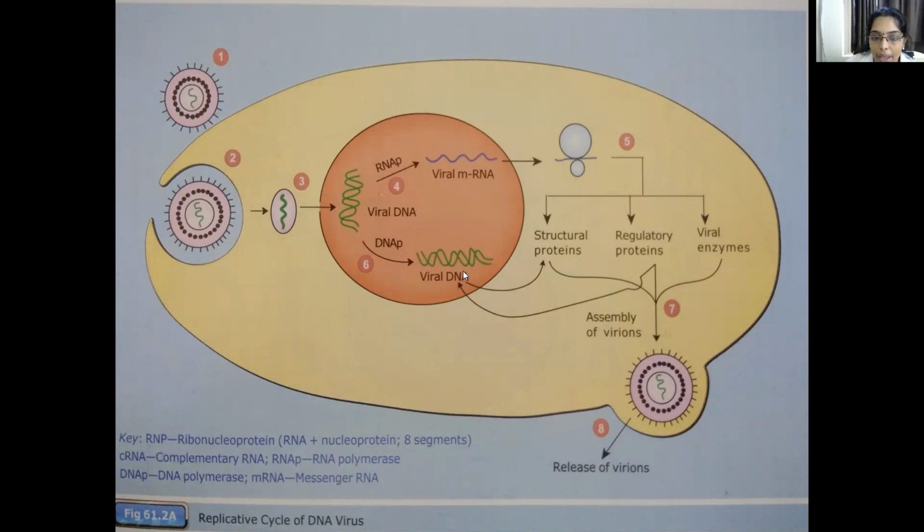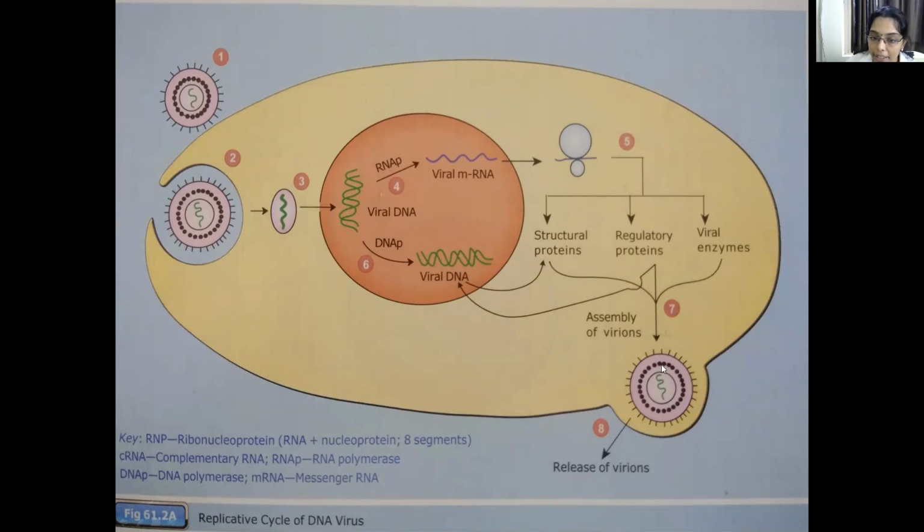Once the viral DNA is replicated, the late genes are transcribed, and they help in the synthesis of the structural proteins.